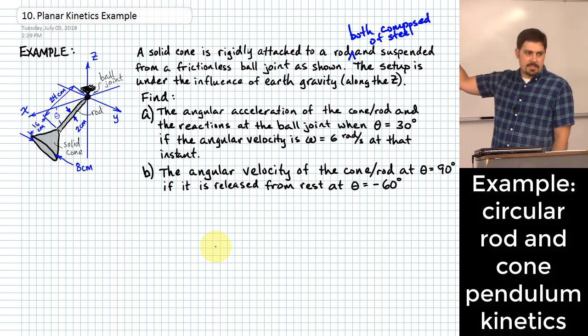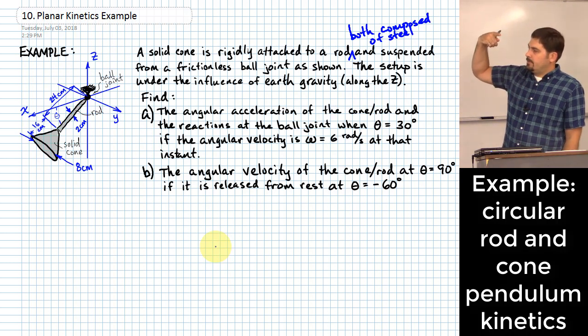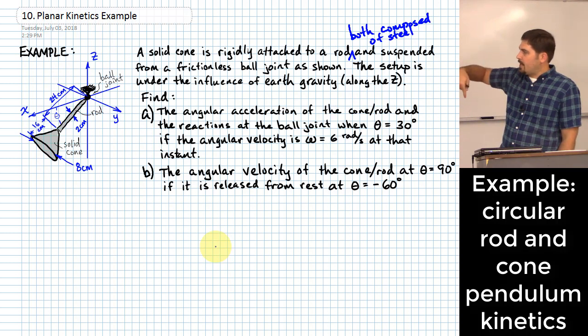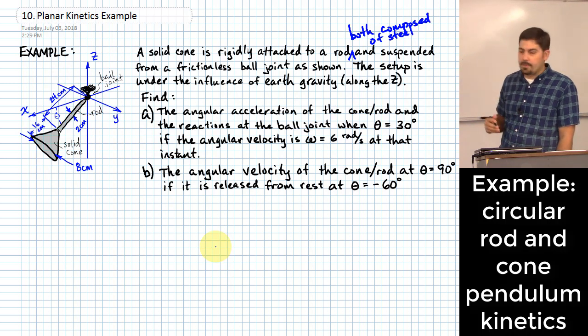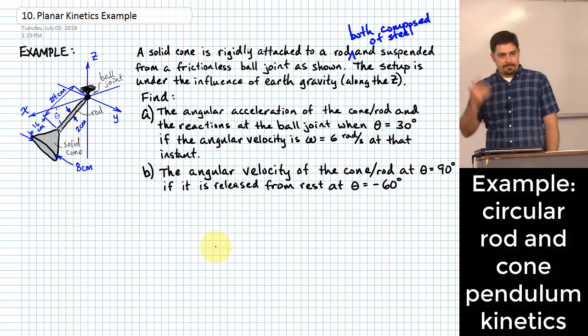It would actually be up at a 60-degree angle above the x-axis, right? So if theta is negative 60 degrees, it's up there, and then you let go of it and let it swing down. When theta is 90 degrees, that's where it's pointing straight down. We're going to figure out what the angular velocity is of that assembly when it hits that position.